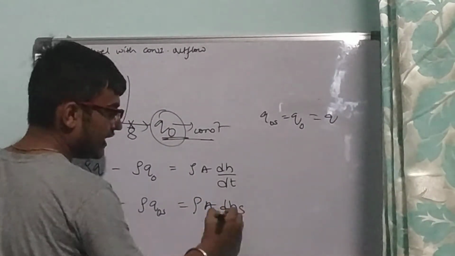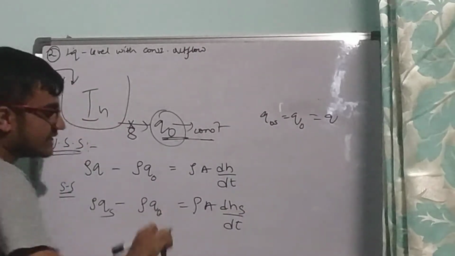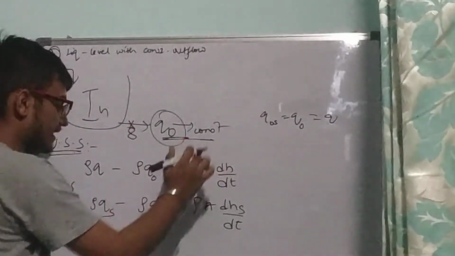So this Q naught S can be written as Q naught because it is the same, constant.